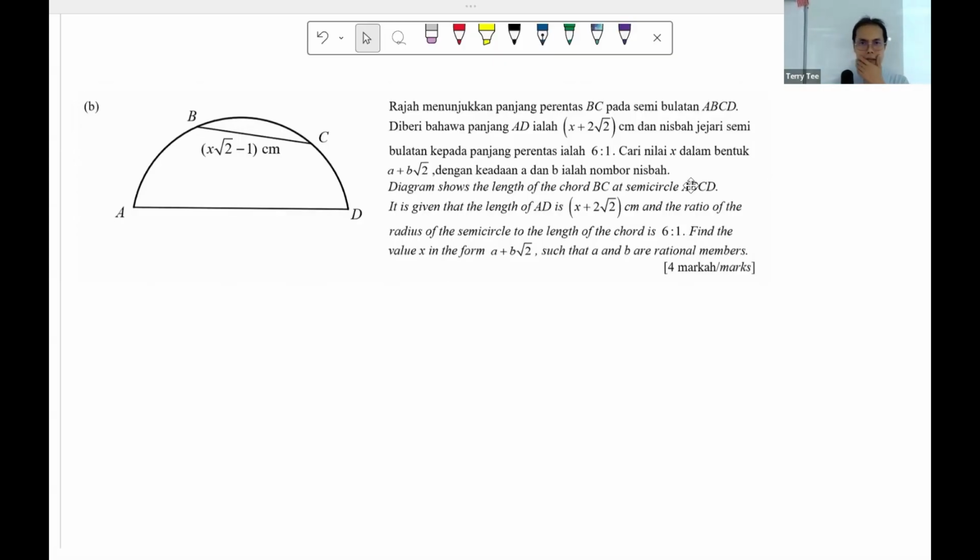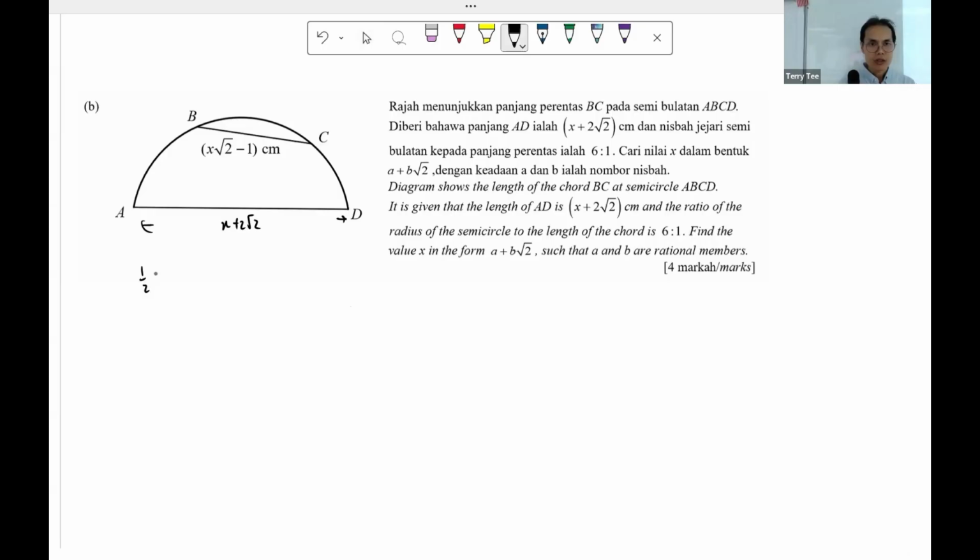Okay, the diagram shows the length of a chord BC in a semicircle ABCD. It is given the length of AD is x plus 2 root 2. x plus 2 root 2 is your diameter. All right, and the ratio of the radius of the semicircle to the chord is 6:1. This is the diameter, so your radius should be half.